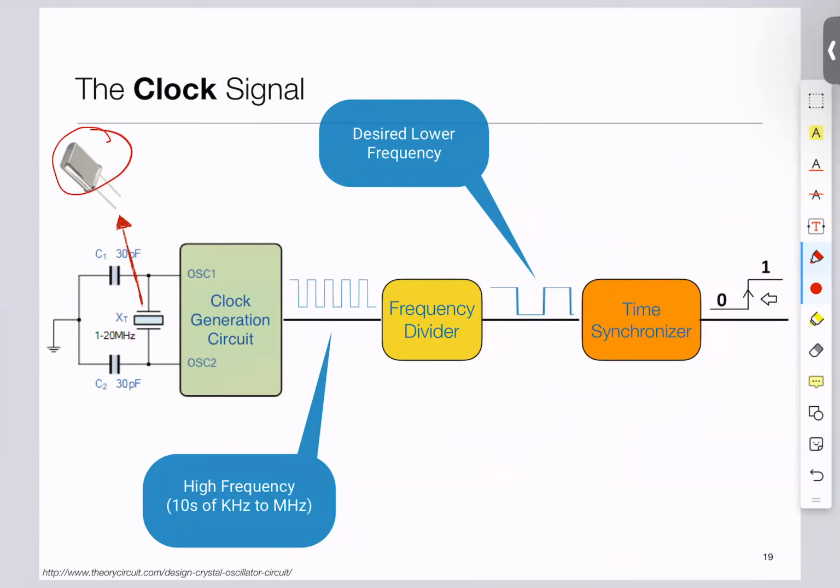Depending on the board, it would be separate, but it's off chip. There are some capacitors and all. The magic of all of this together with some additional circuitry results in a digital signal flipping back and forth between 0 and 1 at a particular rate. Tens of kilohertz to megahertz is typically what you will find natively out of this. Then we will usually have either a frequency divider or frequency multiplier, and then we get a signal which then gets to our processor.